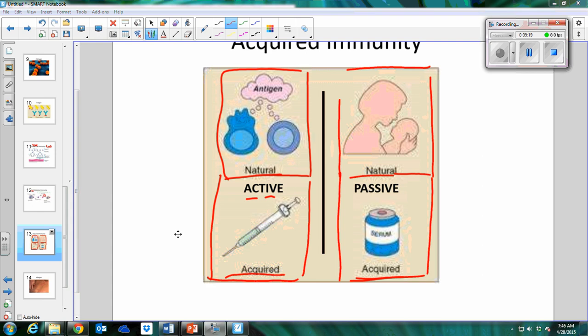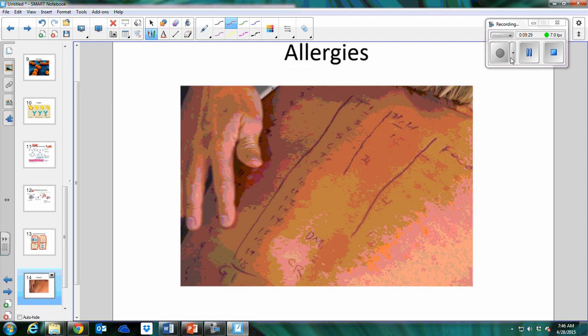So active immunity is where you're given a vaccine, where you're actually given a dead virus and your body forms the immunity against it. Now, allergies are where your immune system is overactive. Let's say you're allergic to pollen.